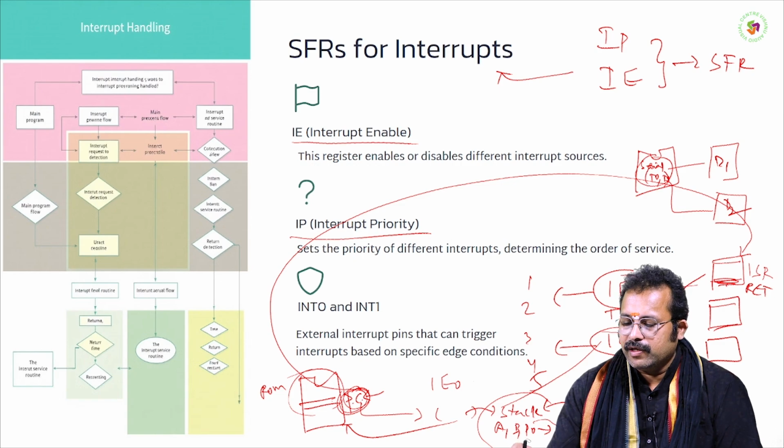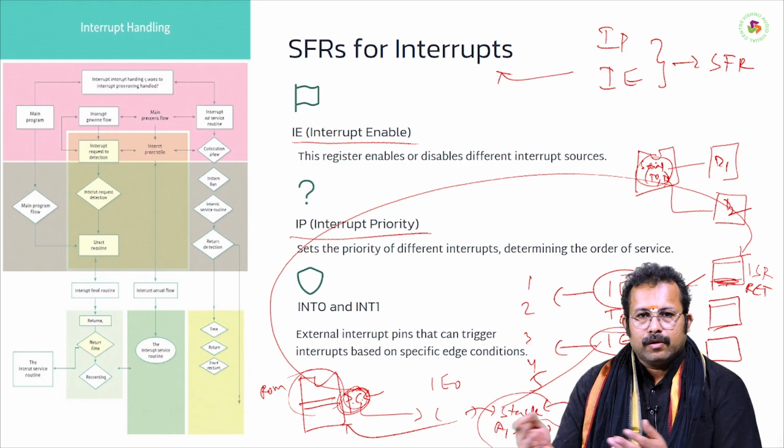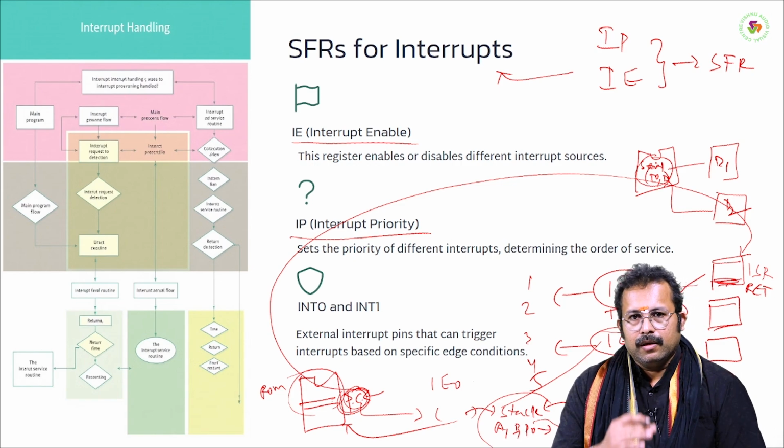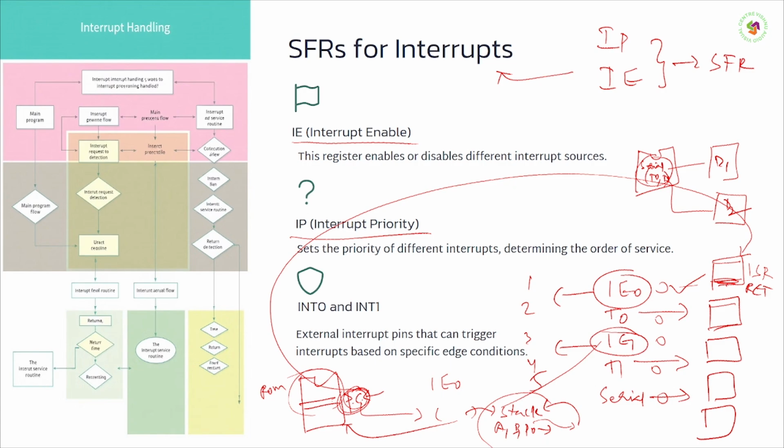If you disable them, the main program execution will go on in its own course. So we can switch interrupts on or off using the interrupt enable register, and we can change the priority order which I mentioned over here with the help of the interrupt priority register. These are the interrupt registers, mainly considered as special function registers.